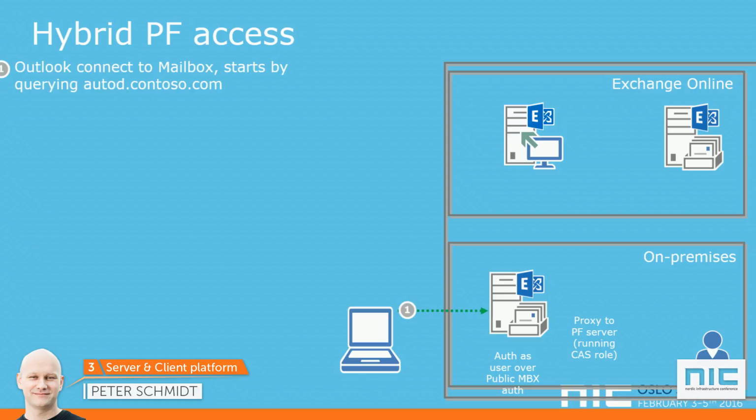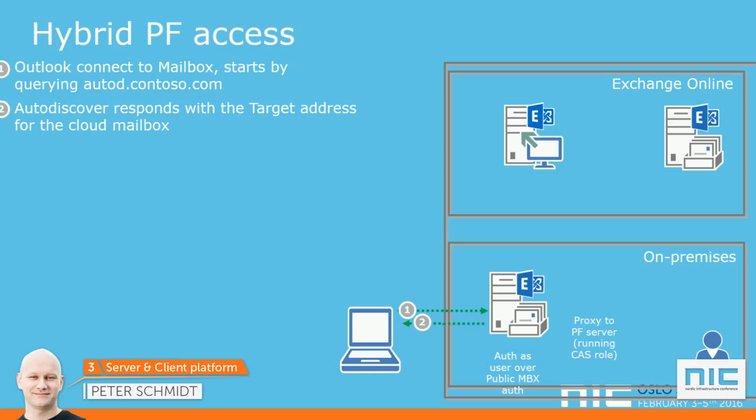So a brief look in case we had public folders on-prem and we had our mailboxes online. We have our online mailbox, which is querying our Autodiscover. It's contacting the local environment and getting a response back to get our target mailbox.